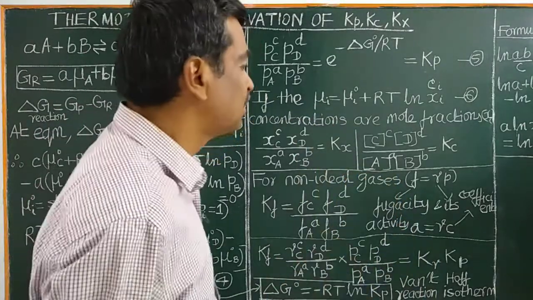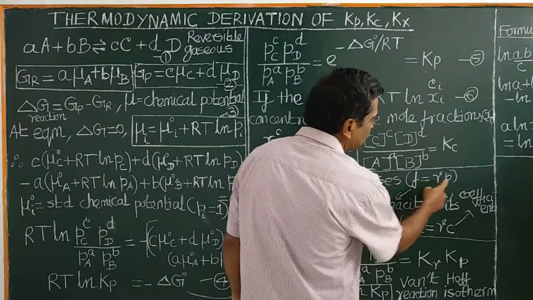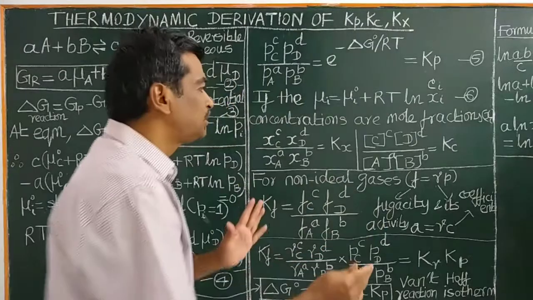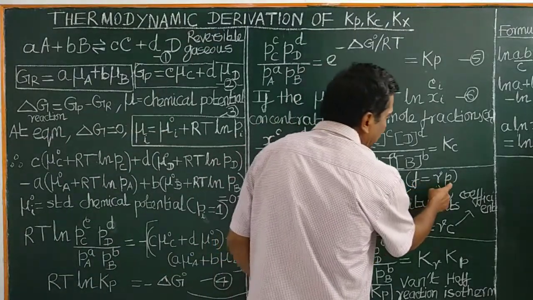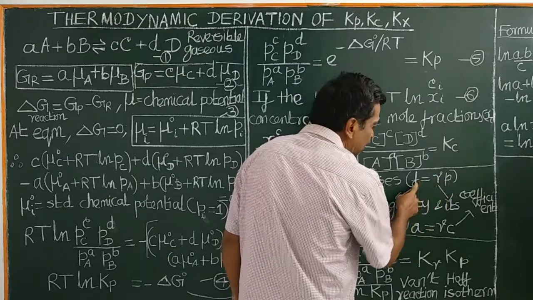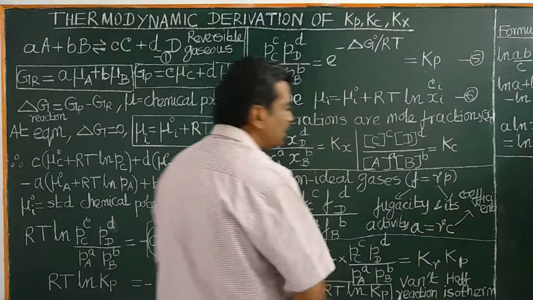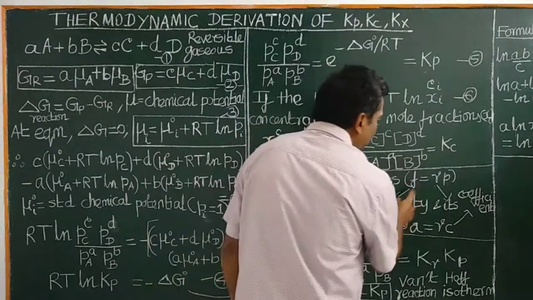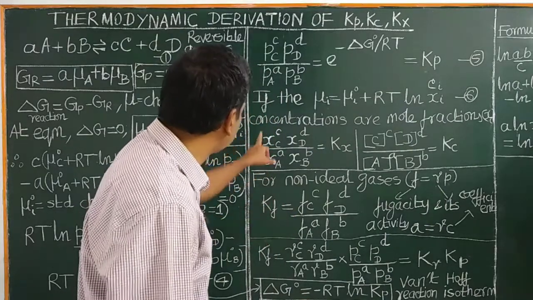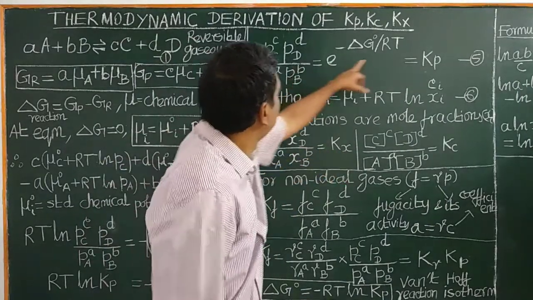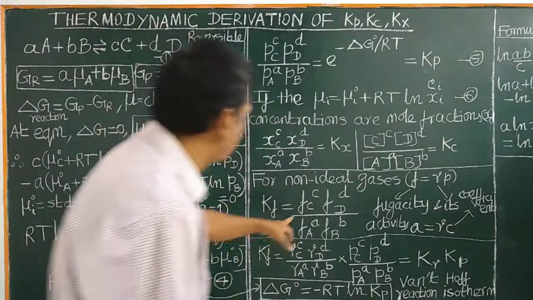It is a very important chapter, and many questions are asked from it. For real gases, the fugacity is directly proportional to P. Therefore fugacity equals fugacity coefficient times pressure, where gamma is the fugacity coefficient, F is fugacity and P is the pressure. Therefore Kf, instead of Kp, is in terms of the fugacity of the reactants and products.